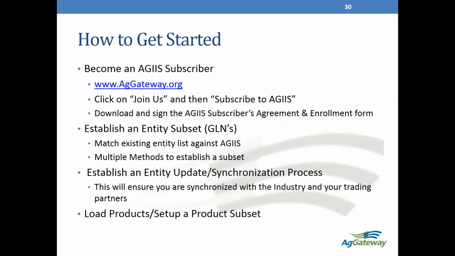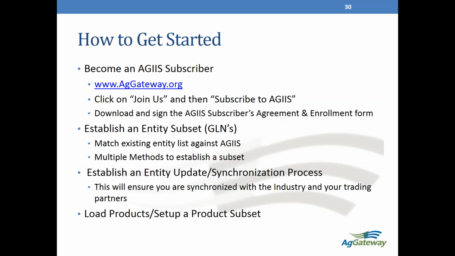If you've never stepped into AGIIS and you aren't familiar with it, the first step would be really to establish an entity subset. You would match your existing entity lists against AGIIS. What I would probably recommend is set up a session with member services, and we would walk you through some of the best practices around loading entities into the AGIIS database.